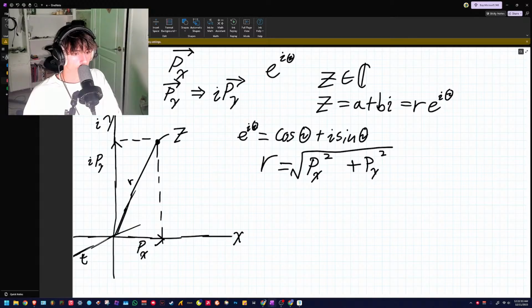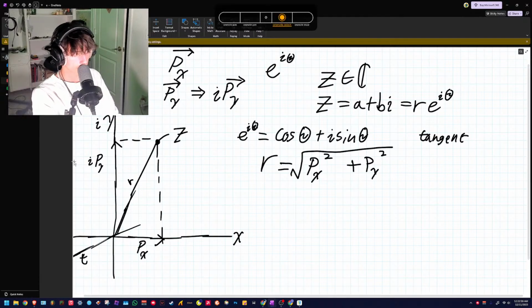So if we have the opposite side, which is p of y, and then the adjacent side, which is p of x, or technically the opposite in terms of just value is p of y, the magnitude of that is p of y. We can put opposite and adjacent, that's TOA, tangent.